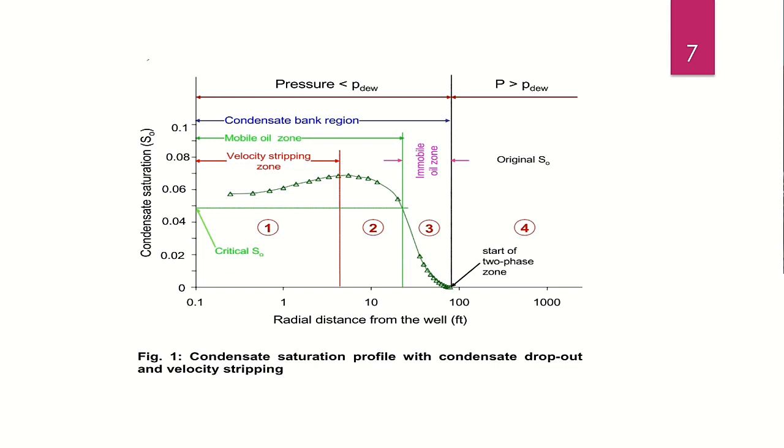There is an intermediate region with a rapid increase in the liquid saturation and a corresponding decrease in relative permeability of the liquid in the region of immobile oil. Here the permeability of the liquid will decrease because the oil is immobile. Near the wellbore, the liquid saturation reaches the critical value, the critical saturation of the oil.